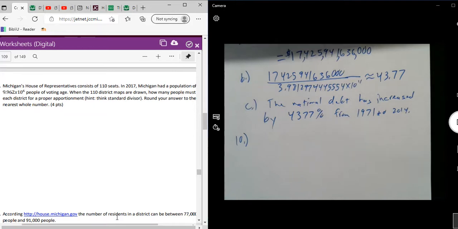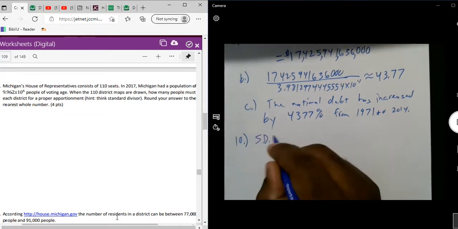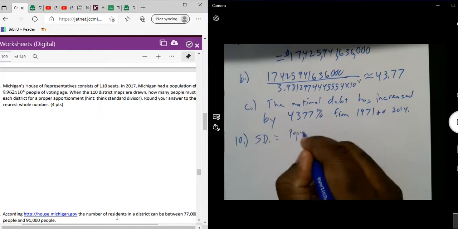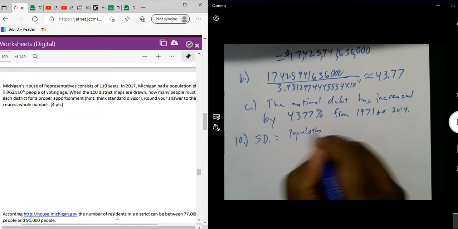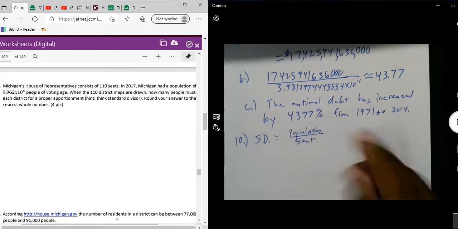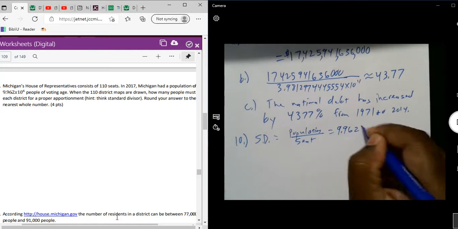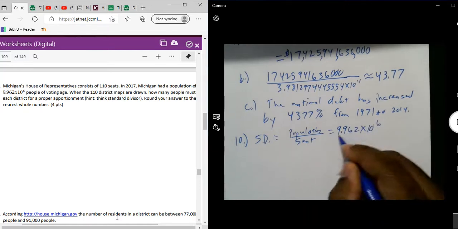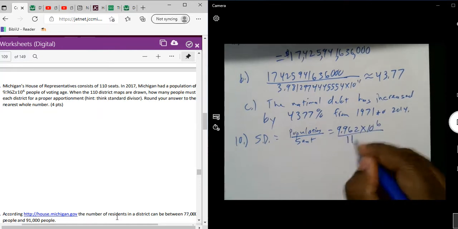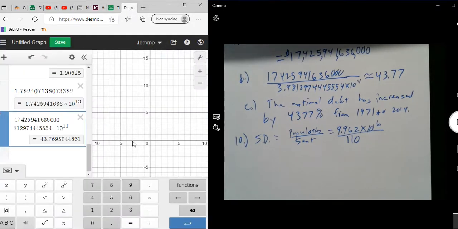Okay, so basically, if we do the standard divisor, it's the population divided by the number of seats. So the population is 9.962 times 10 to the 6, and the number of seats is 110. So we put that in our calculator.